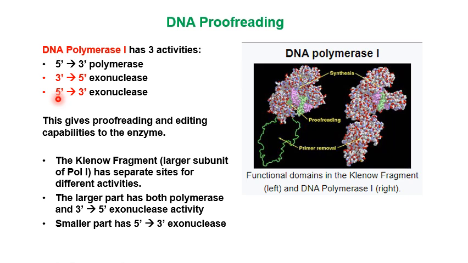So it also has 5 prime to 3 prime exonuclease activity. So it can correct going backwards, it can correct going forwards. So this is a very, very important proofreading ability of DNA polymerase 1. Okay, everybody got that? All right.